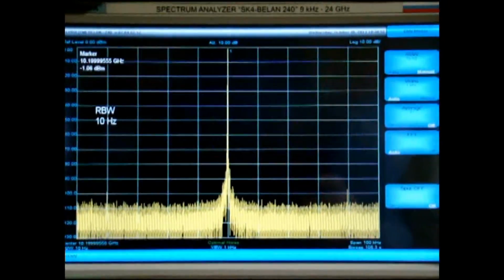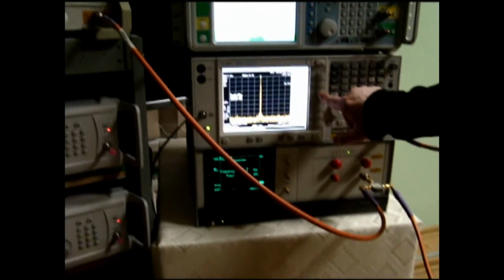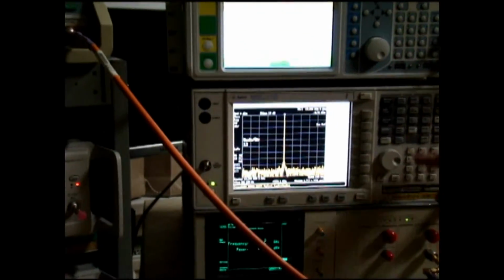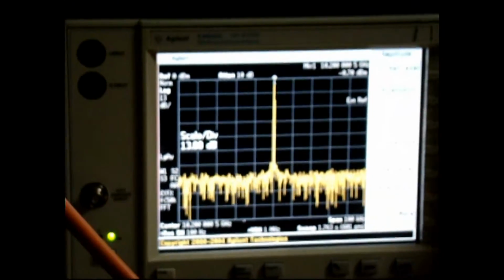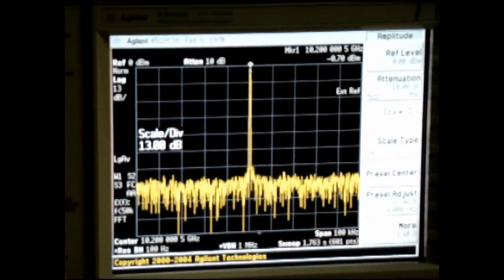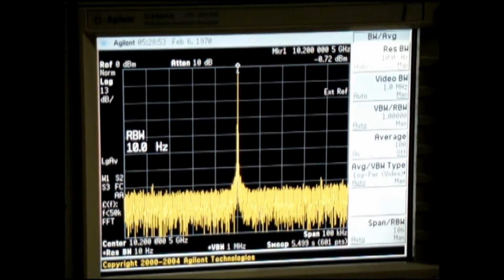Agilent PSA allows increasing the number of decibels per division only, which sometimes complicates figuring out how much dynamic range one has available. In our example, we set the vertical scale to 130 dB, the same value as in the case with SK4 Belon 240M.